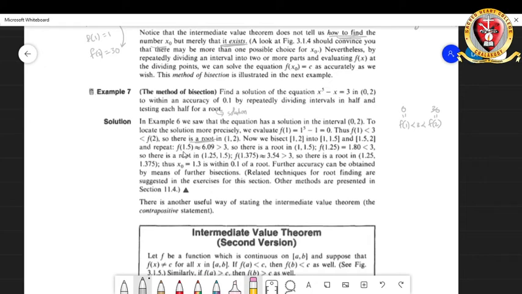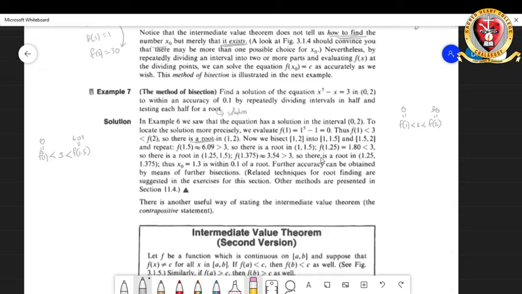Then find f of 1.5 using your calculator. F of 1.5 will be 1.5 raised to 5 minus 1.5. That will be approximately 6.09, which is strictly greater than 3. And you know that f of 1 is 0. So 3 is strictly greater than f of 1 and strictly less than f of 1.5, which is approximately 6.09.